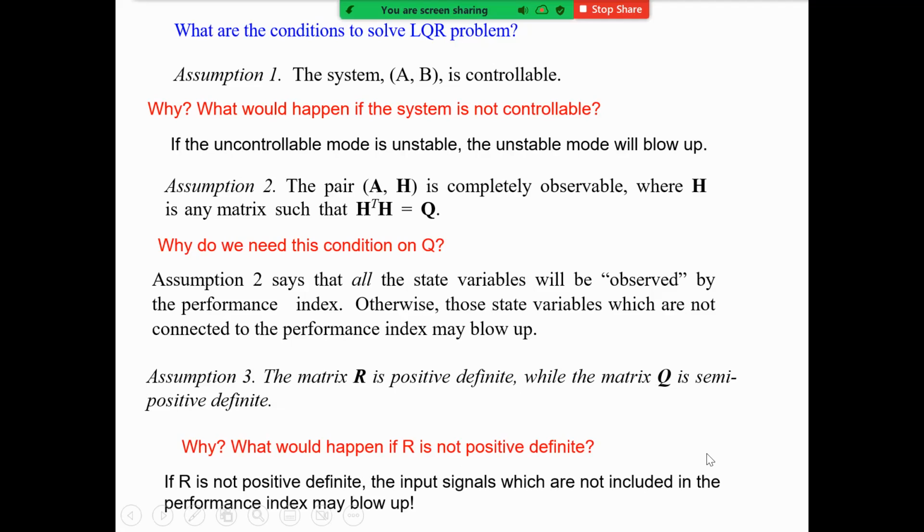You can imagine, if you can apply an input with the magnitude of infinity, it means you can't do anything. Of course, that is not realistic. You cannot do that.